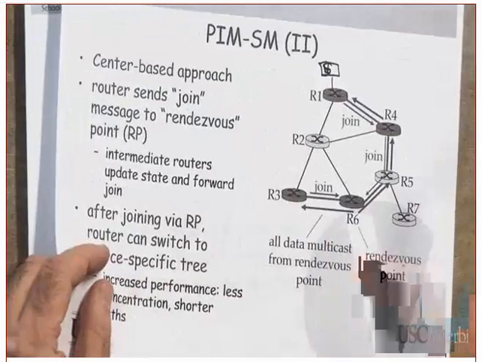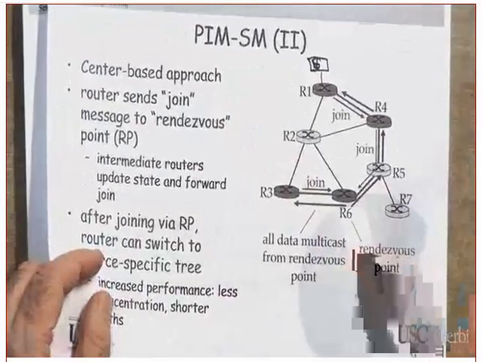In this case, he will also advertise multicast groups, sources of multicast groups, to his peers as well. He doesn't tell them where it is located, but he just tells them there is a group going on in my autonomous system. Would you like to join? Clear?